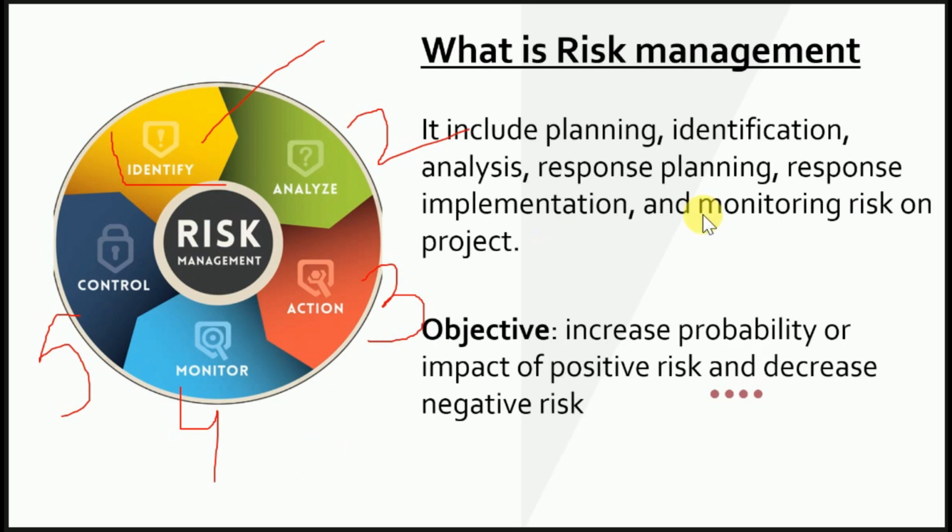Alright, let's see the definition of risk management according to the PMBOK Guide. See here, it includes planning, identification, analysis, response planning, response implementation, and monitoring risk on a project. It means that first of all we create a risk management plan. In that we mention all processes and procedures: how you will identify, analyze, and take action. Everything is there, right?